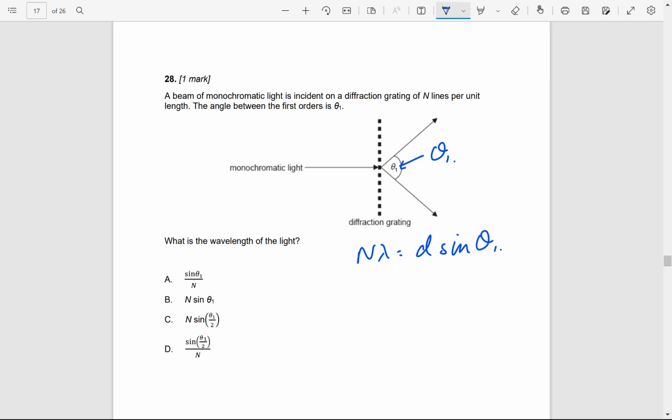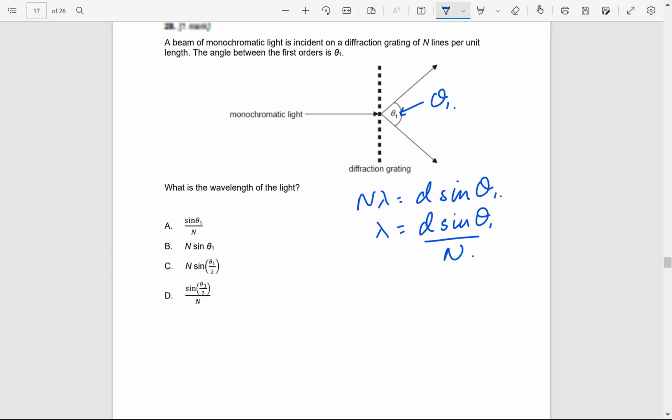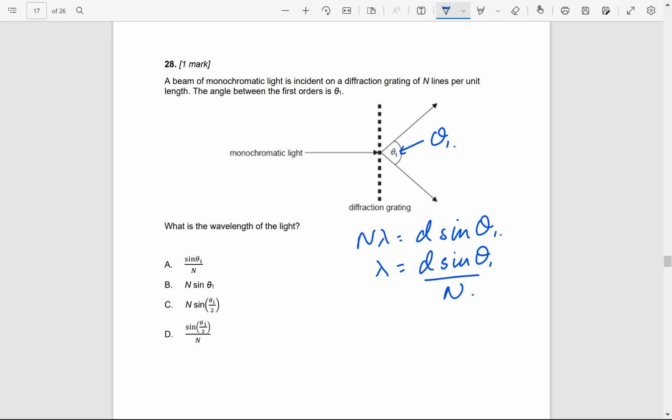What is the wavelength? So we're just going to rearrange: it's d sine θ1 divided by n.